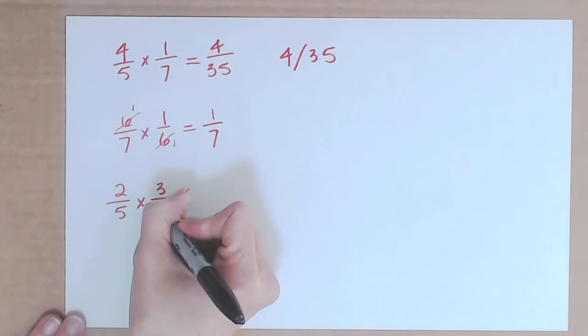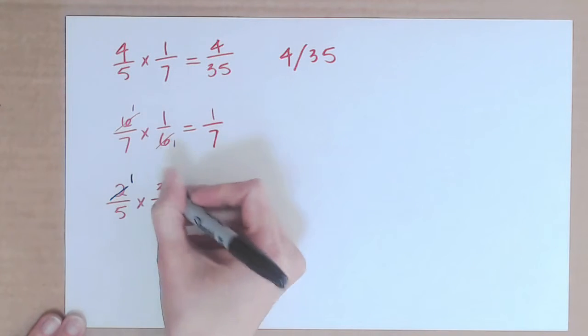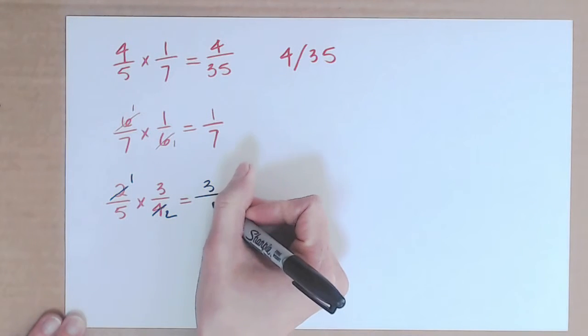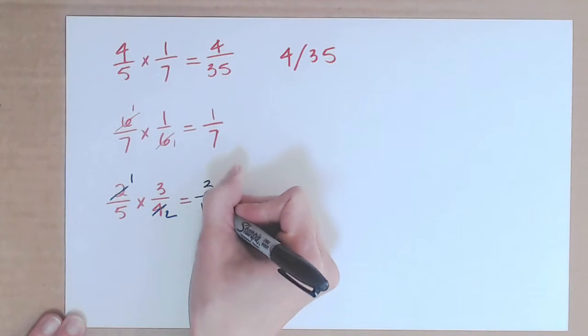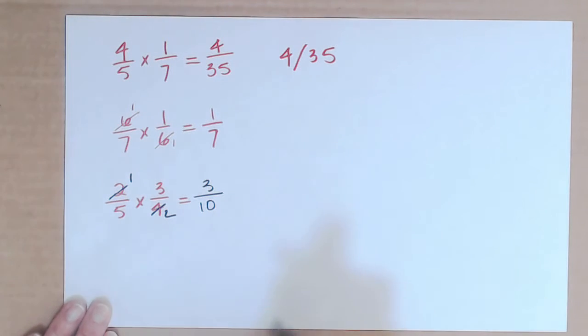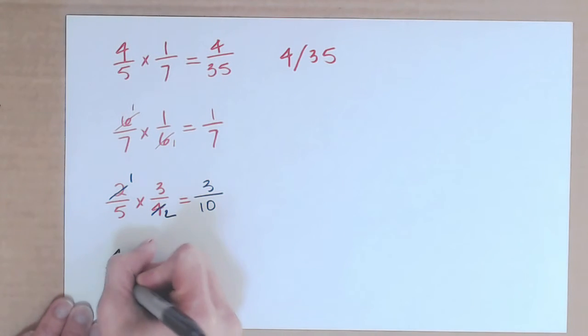You could say this 2 over 4 is just 1 over 2. And then think 1 times 3 is 3, and 5 times 2 is 10. 3/10.